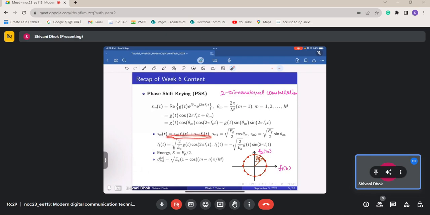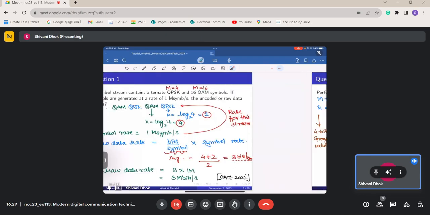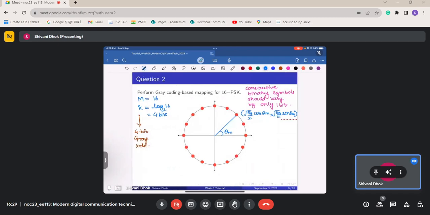This is SM1 and this is SM2, and to be very precise, these axes actually correspond to the bases that we are having, that is f1(t) and f2(t). I hope that is clear.